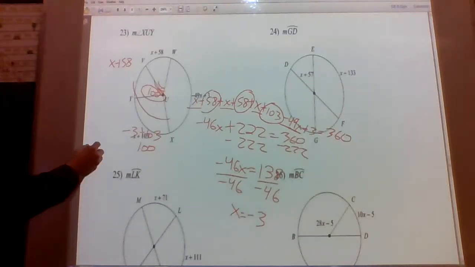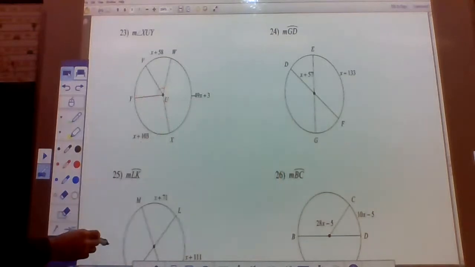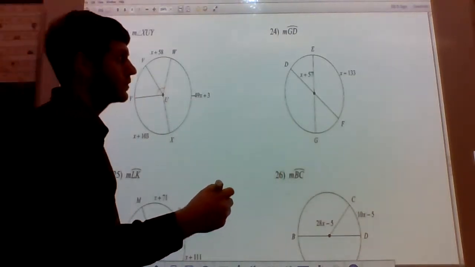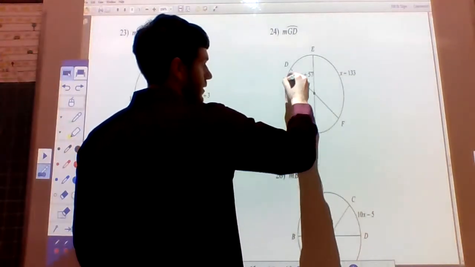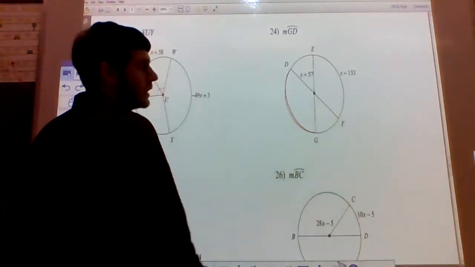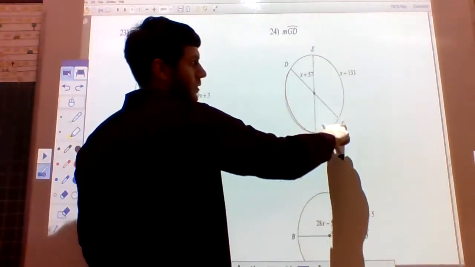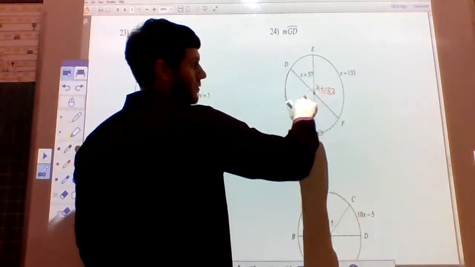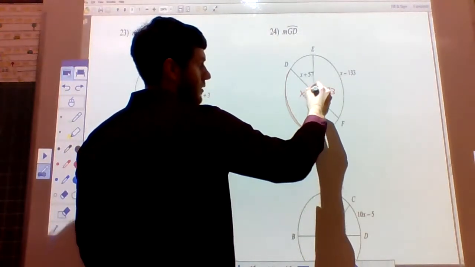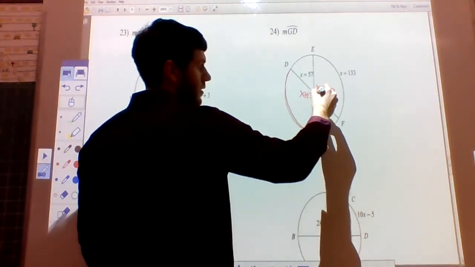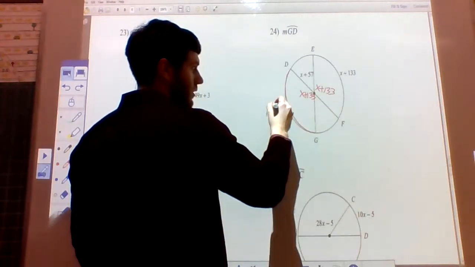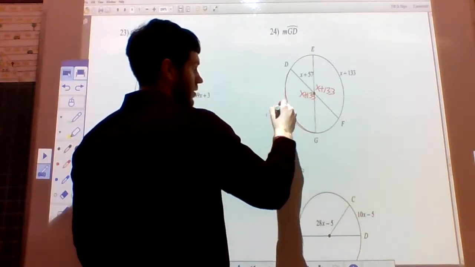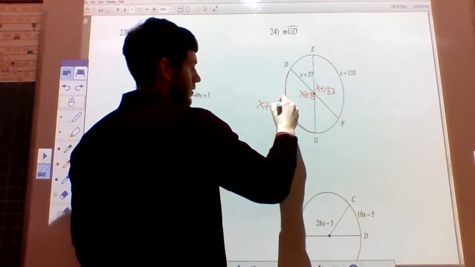Let me cancel all this off. Measure of arc GD. That's this arc right here. If this arc is x plus 133, we know this angle is x plus 133. Here we have a vertical angle, so this is x plus 133, which means this arc is x plus 133.